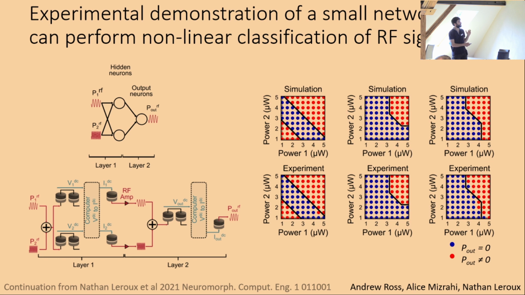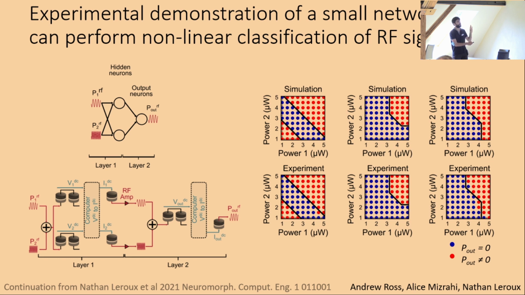The task they try to solve is simply to separate two different values of power for the output MTJ, which is either equal to 0 or different from 0. Red for different, blue equal to 0. These are nonlinear tasks that were used to test the experimental model.